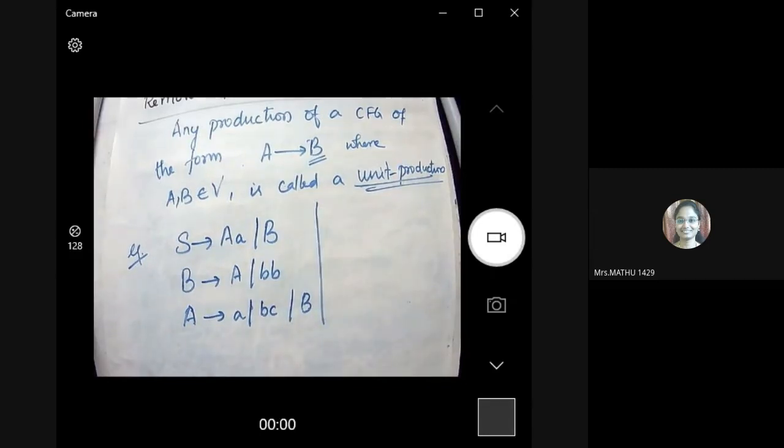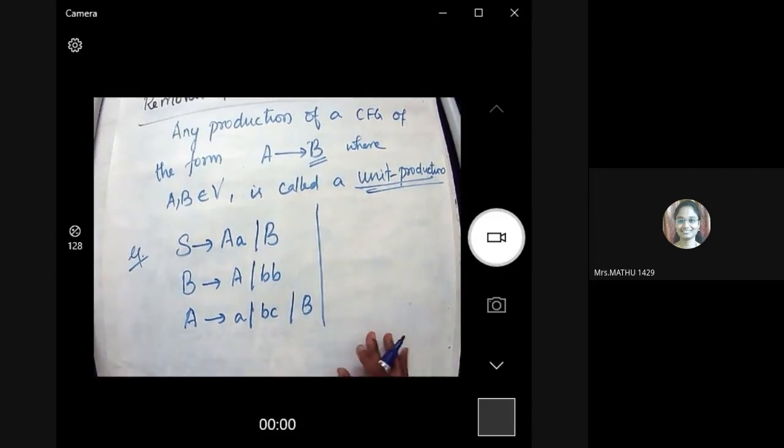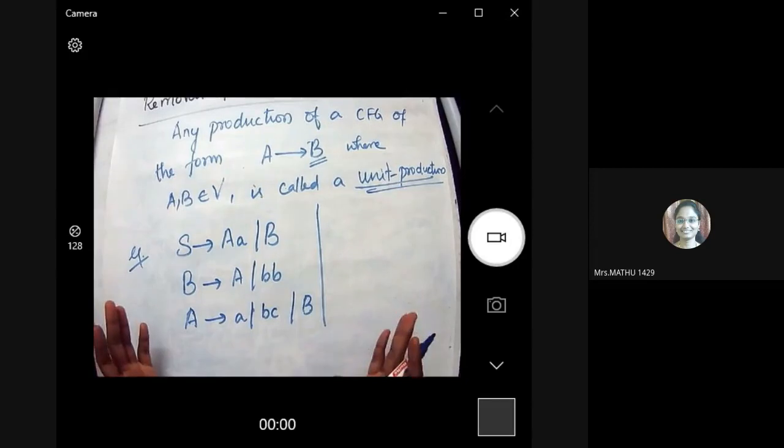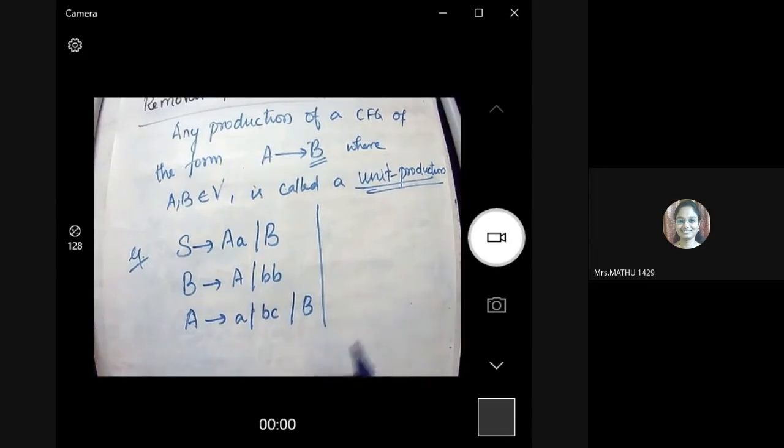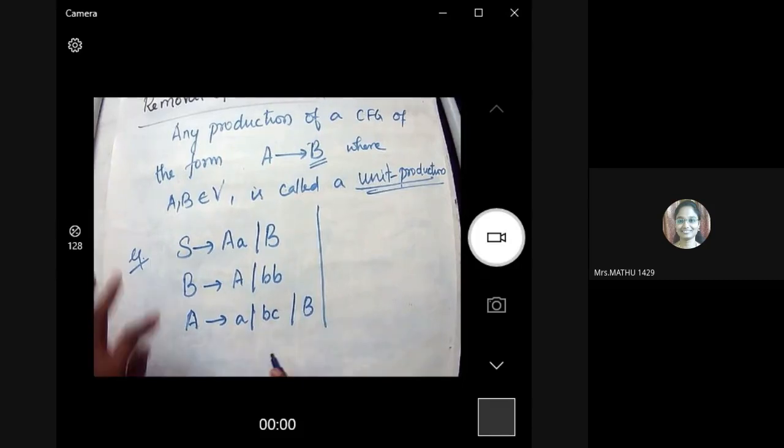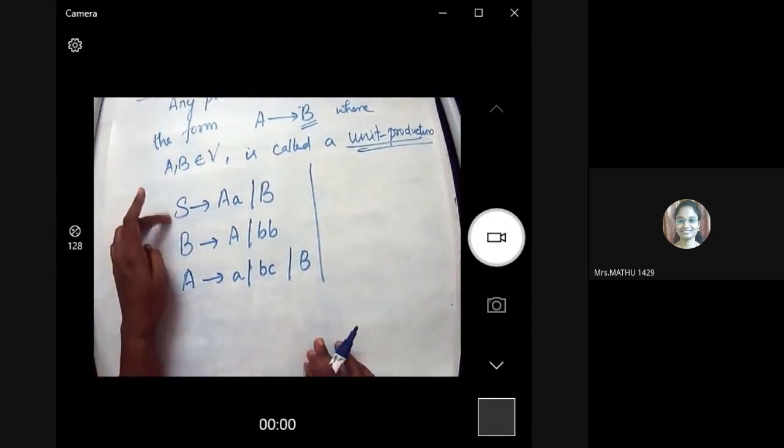Before solving this one, let me tell you how. In the previous example, by removing lambda production, we have seen that we need to generate new productions before removing the lambda production. The same is the case here also. So what are all the unit productions available here? Can you put it in the chat box, or can you unmute and tell?